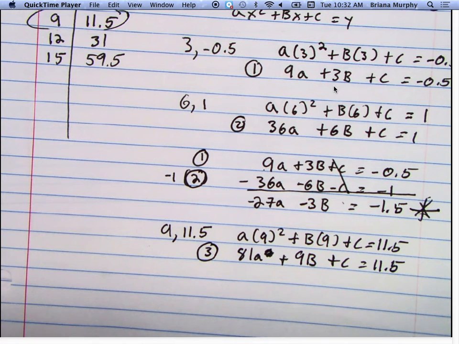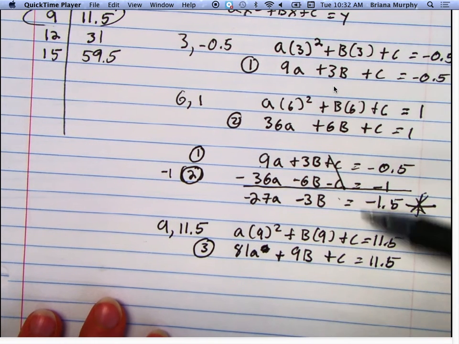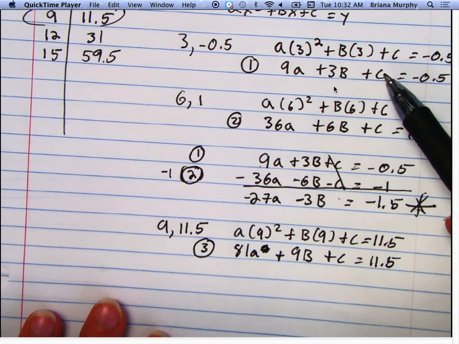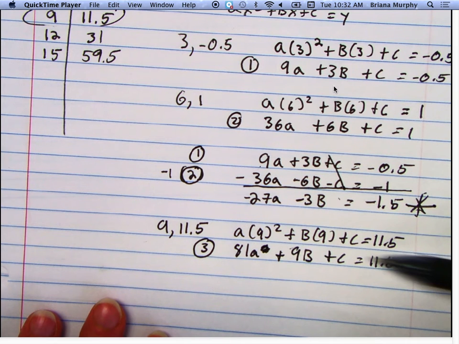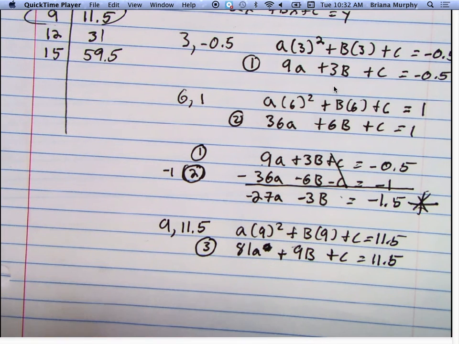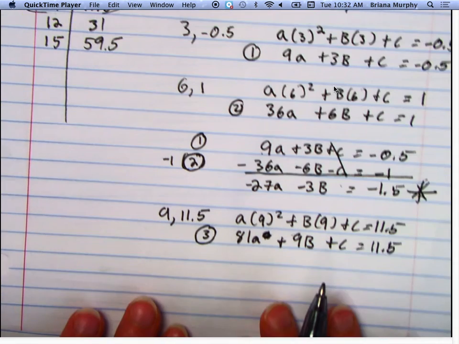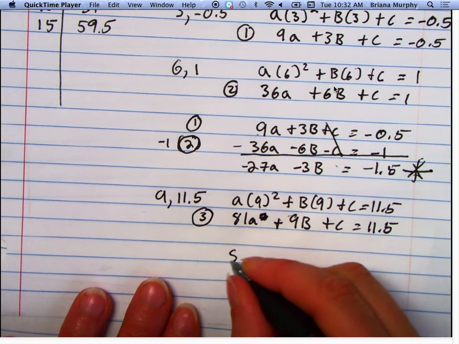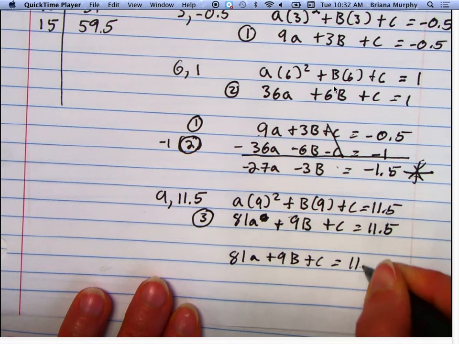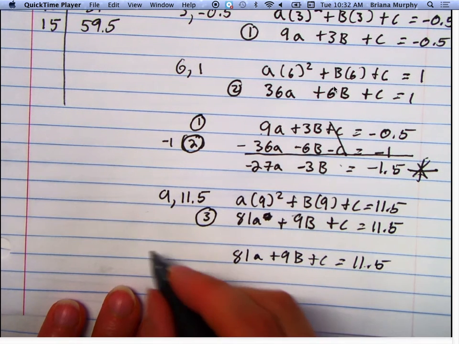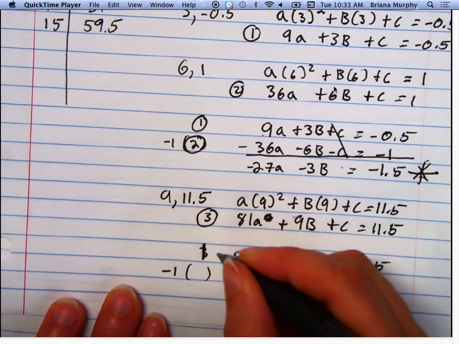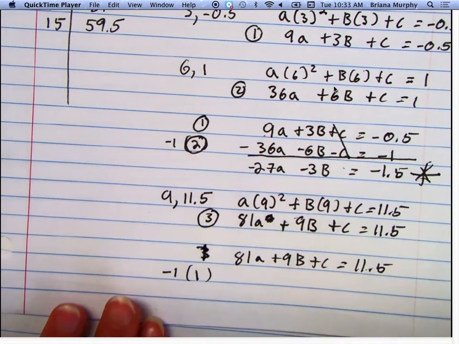All right. If I look at equation 1 and equation 3, if I add 1 and 3 together, I can cancel out my C's. Okay? So I'm going to take equation 3 minus 1 times equation 1.